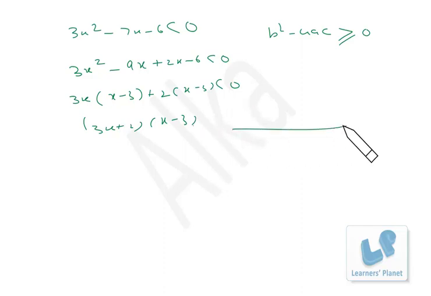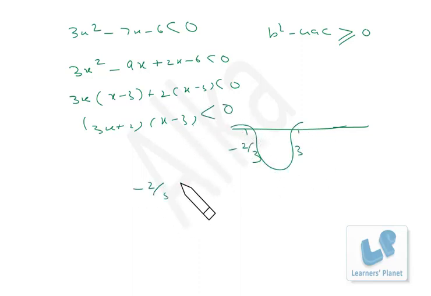The roots are 3 and minus 2 by 3. You want this expression to be less than 0, so it is minus 2 by 3 to 3. When x is between minus 2 by 3 and 3, the value of this expression will be negative, right?